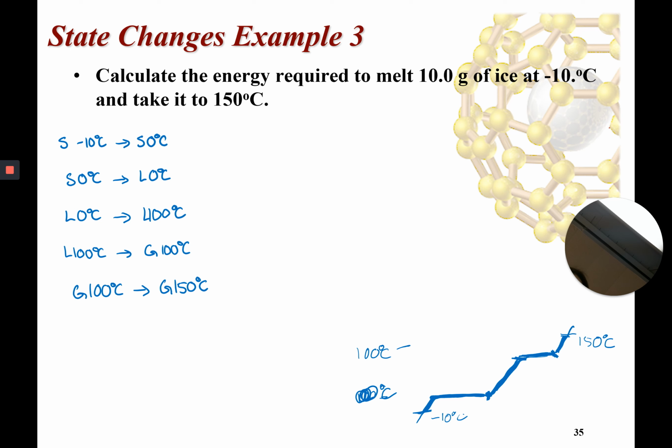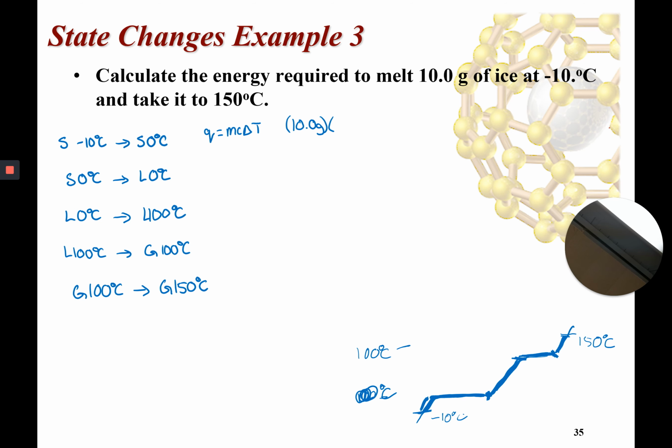Then we're going to calculate the heat for each of these 5 steps, and then we're going to add them all up together. So let's start with this first step, which is a change in temperature. So we're going to do Q equals MC delta T. So our mass is 10.0 grams.